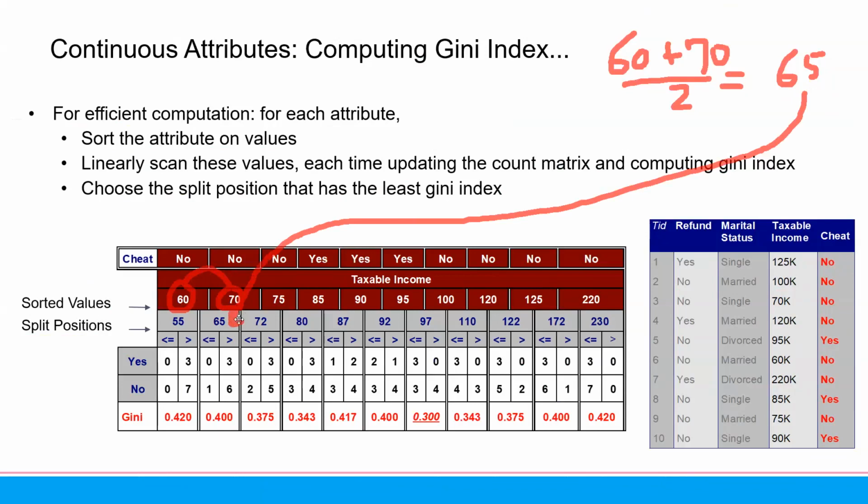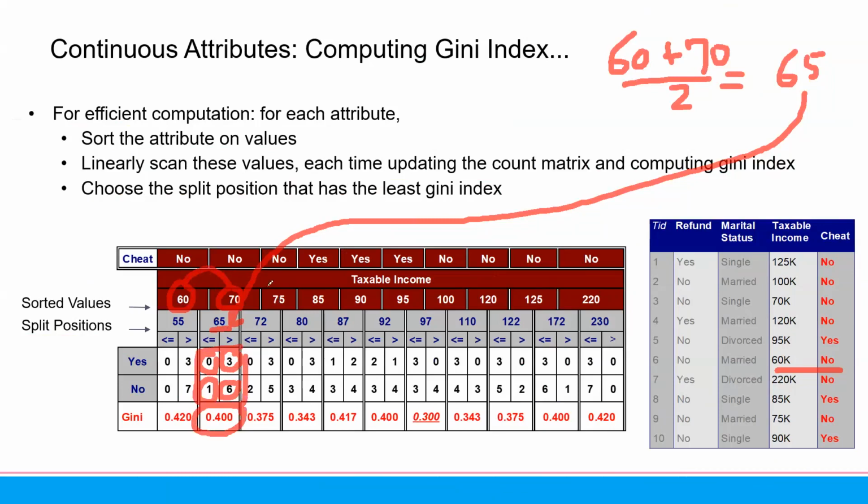And we will check again. How many yes and how many no if it is less than 65? Okay, we have 1 no. And how many yes and how many no if it is higher than 65? So we have this result, and we can calculate the Gini again.